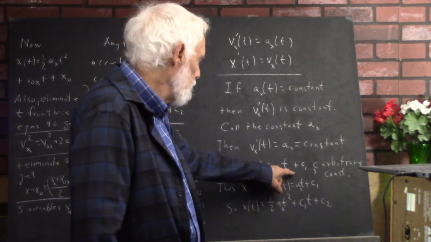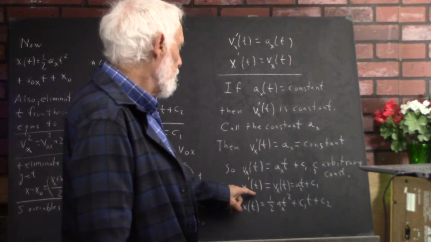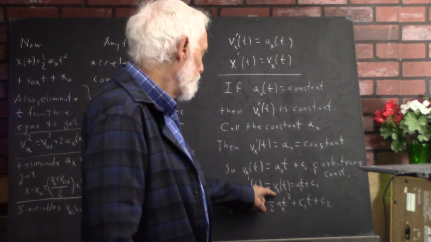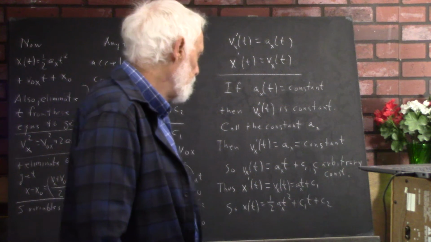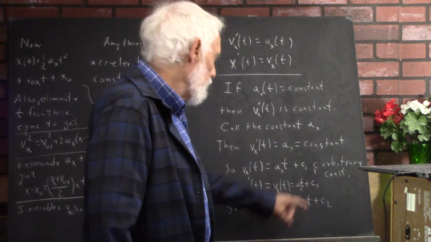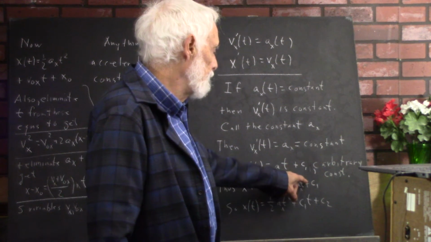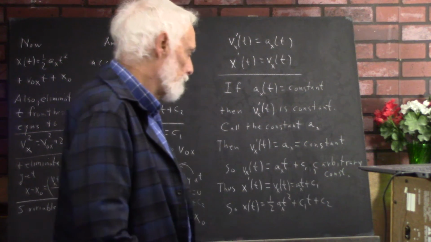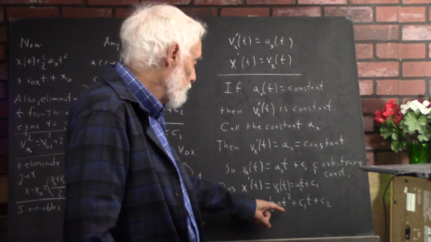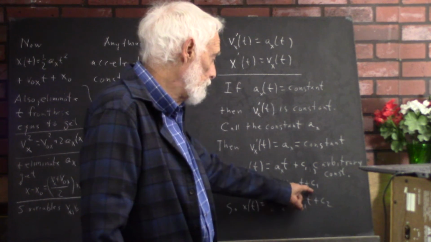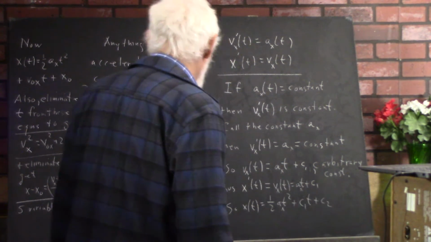So if vx of t equals this, that means x prime of t equals this. It equals vx of t, which is axt plus c1. So what has derivative axt plus c1? The most general function that has that derivative is very easy. It's 1/2 axt squared plus c1t plus c2.